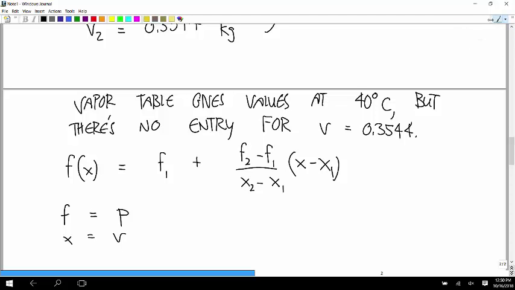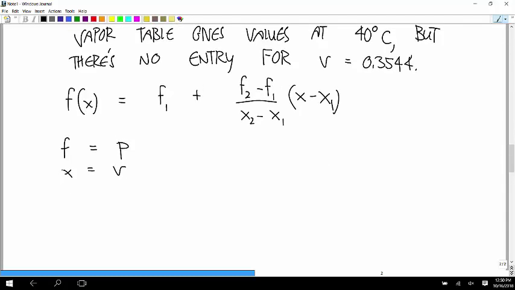And so we have to look in the table for two specific volume values that bracket our value of 0.3544. So the way it's broken up is in blocks of a specific pressure.